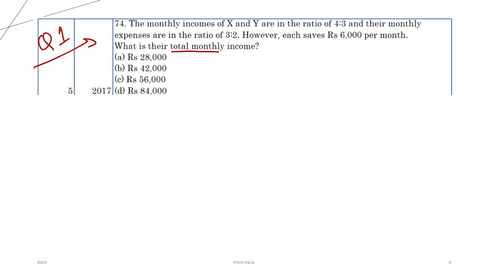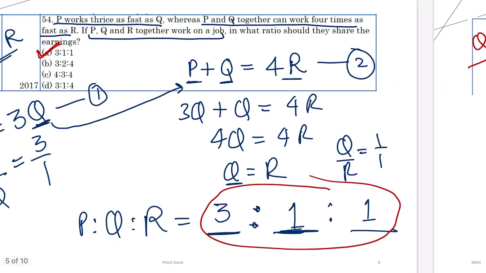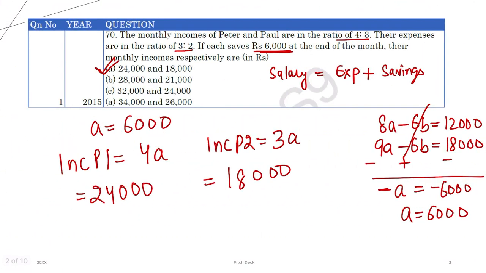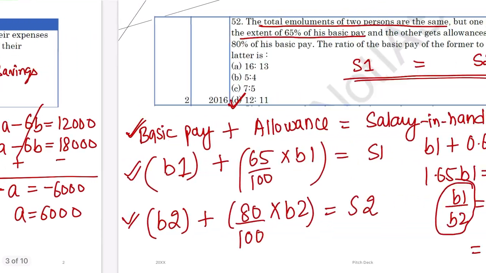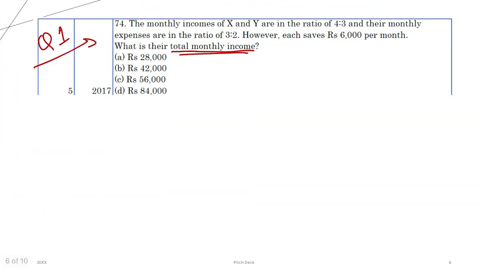The only difference is they are asking you what is the total monthly income. If you go back to question number 1, we found that 24,000 and 18,000 is their income. I hope the values are the same.